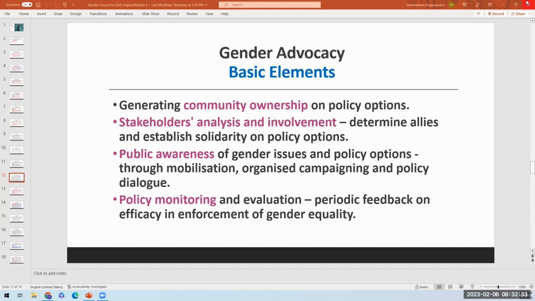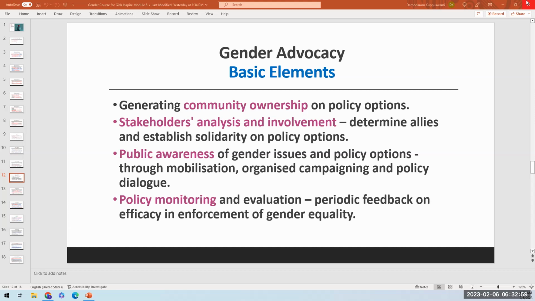But I used to think that civil society organizations are more involved in gender advocacy, trying to make government pass some laws or policies that government is not passing.